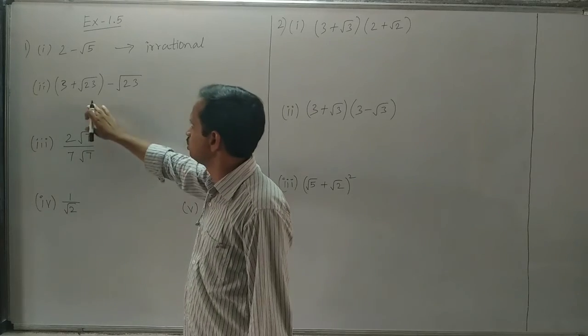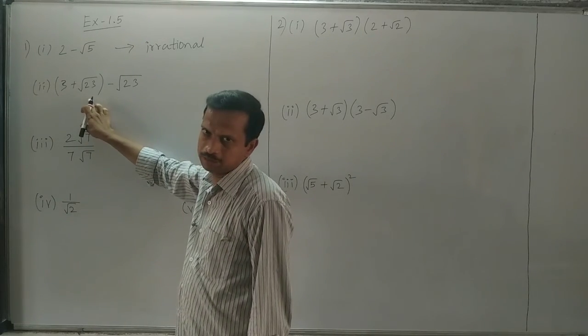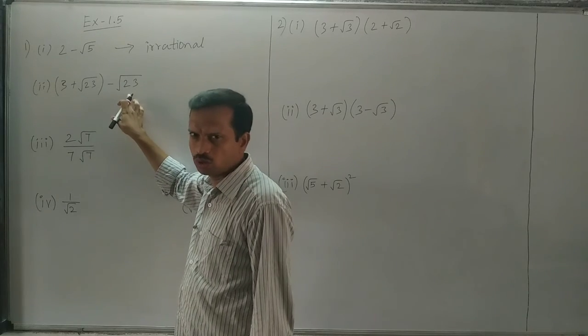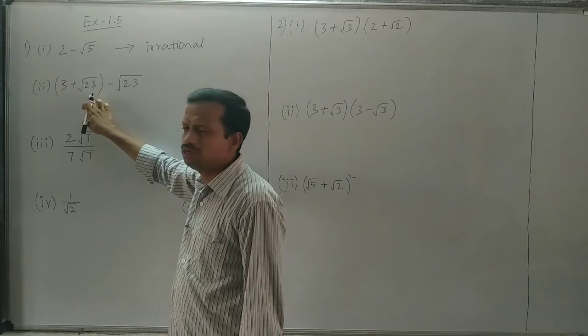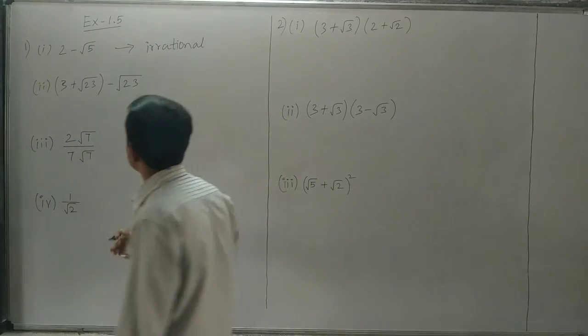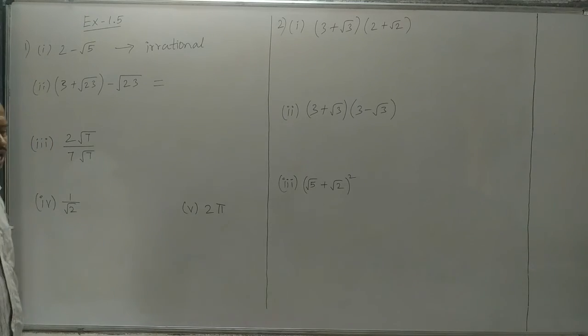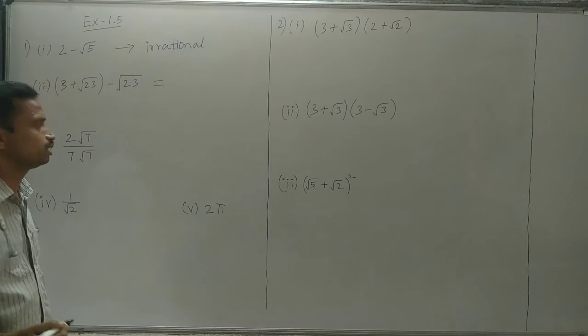And now coming to option 2, 3 plus root 23 and then minus root 23. So root 23 means irrational, but we have to simplify this. We have to bring it to the simplest form, and then classify whether it is rational or irrational.